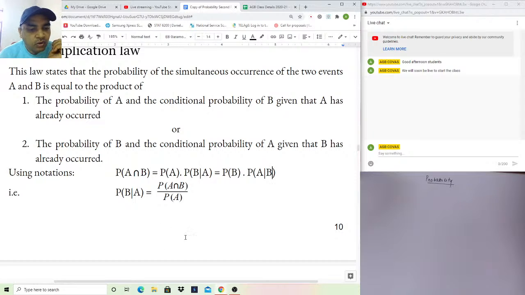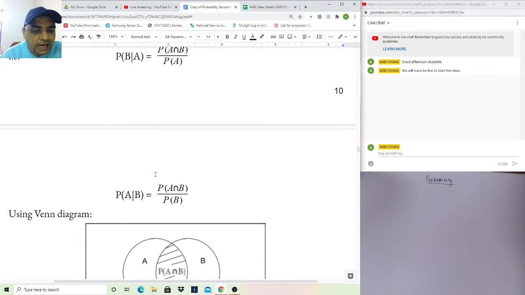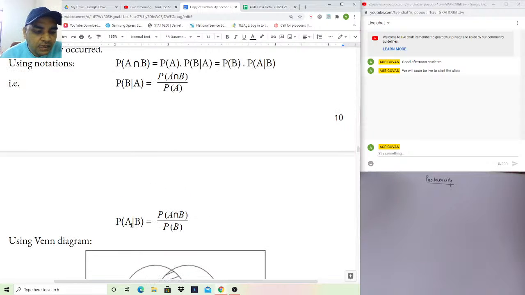Okay, so from this formula we can say the conditional probability of B when A has already occurred is equal to P(A intersection B) divided by P(A). These are simple algebra, so we have taken this P(A) below the P(A intersection B). Similarly, the conditional probability of A when B has already occurred can be calculated as P(A intersection B) divided by P(B).